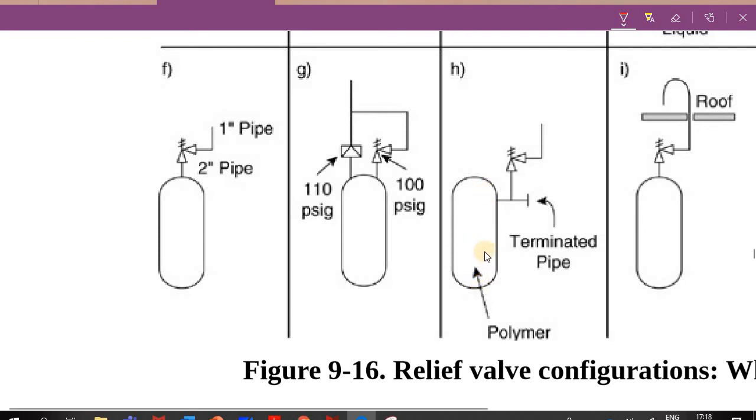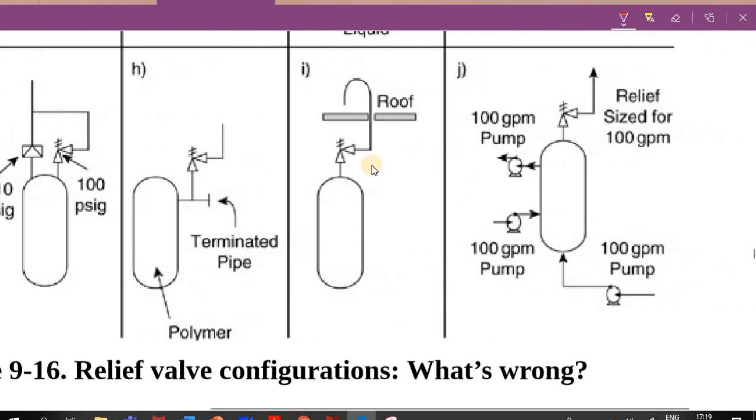We have a polymer, and this polymer may cause the blockage of this. So we should be careful when we use a spring one, and when it is getting attached to some liquids that could be plugged with polymer.